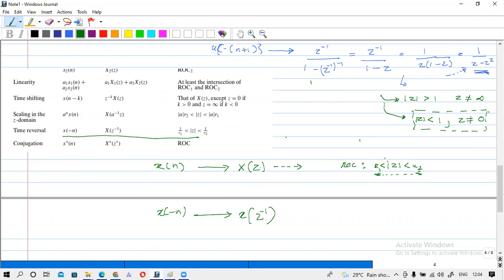Here z can be replaced by z^-1. And it is said that z will now be greater than 1/R1 and less than 1/R2. Z is greater than 1/R1 and z is less than 1/R2.